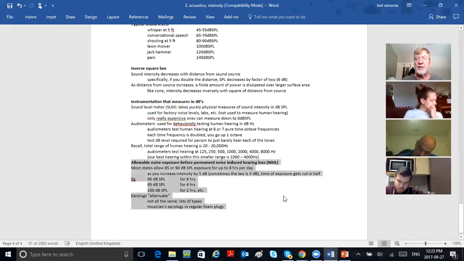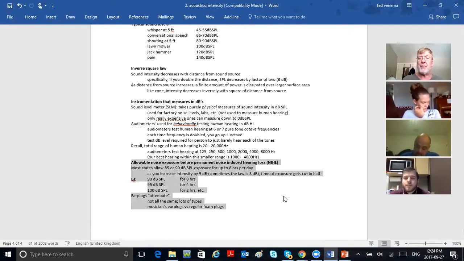Most states allow 85 to 90 dB/SPL exposure for up to 8 hours a day. As you increase the intensity by 5 dB, and sometimes the law is only 3 dB, the time of exposure gets cut in half.